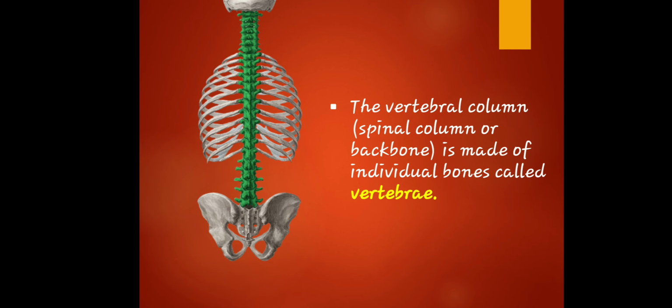So the vertebral column, or the spinal column or backbone, is made of individual bones called vertebrae. Or meaning to say, when you say vertebral column, it is actually the central axis of the skeleton in all vertebrates. The mammalian vertebral column consists of 5 morphologically differentiated groups of vertebrae, such as cervical, thoracic, lumbar, sacral, and caudal.